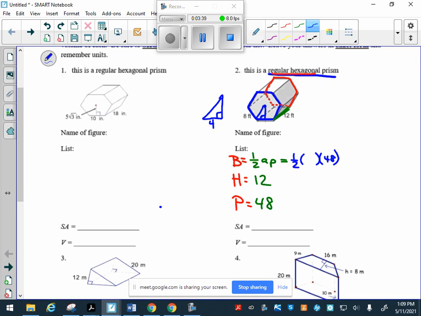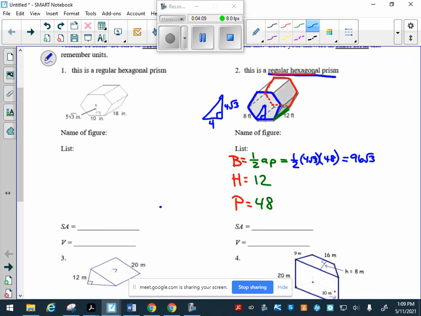This is a 30, 60, 90 triangle, which makes the apothem 4√3. So 1/2 times 4√3 times 48 is 96 root 3. So that's the area of the base.